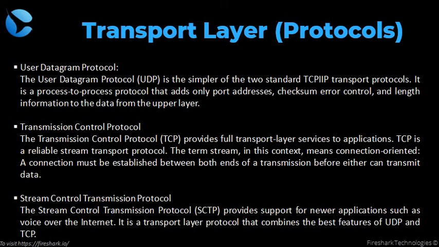At the sending host, TCP divides an incoming byte stream into segments and assigns a separate sequence number to each segment. At the receiving host, TCP reorders the segments and sends an acknowledgement to the sender for correct receipt of the segment. TCP also manages flow control so that a fast sender does not overwhelm a slow receiver.